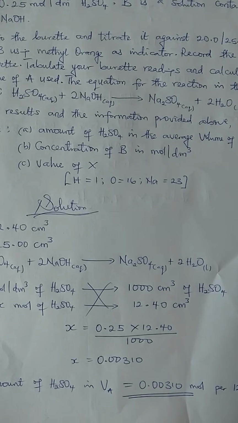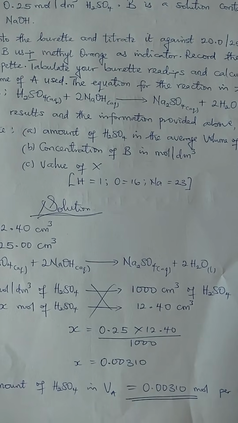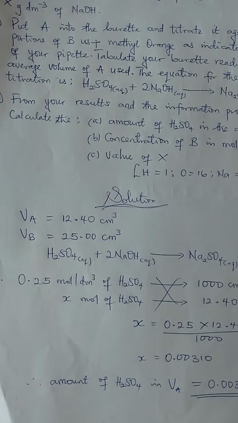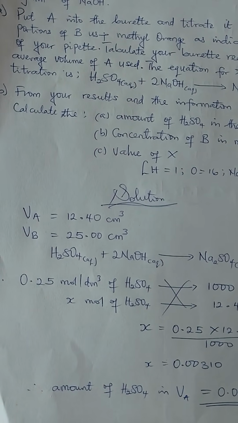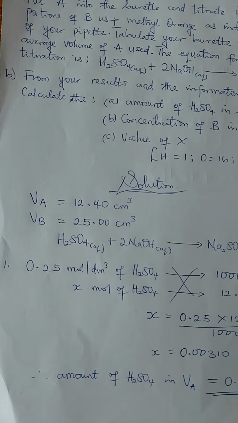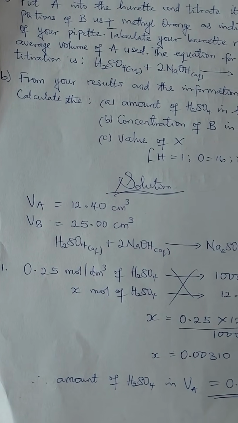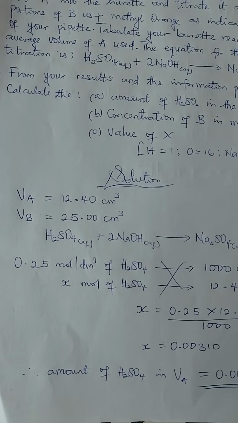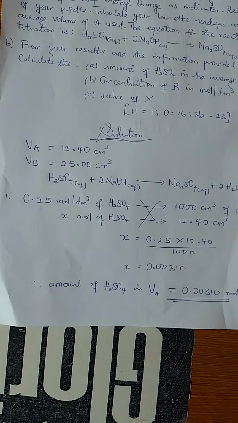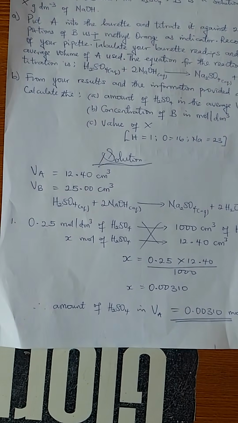Then you are asked to find the concentration of B in mole per dm cube and the value of X. Now, as I've said, my average volume, my titre value, is 12.4, and of course the volume of pipette used is 25.00 cm cube. So you go ahead to do this.